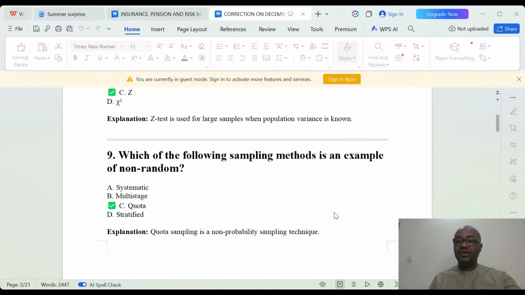So I dropped something in the chat box. I need feedback so that we can proceed and be on the same page.